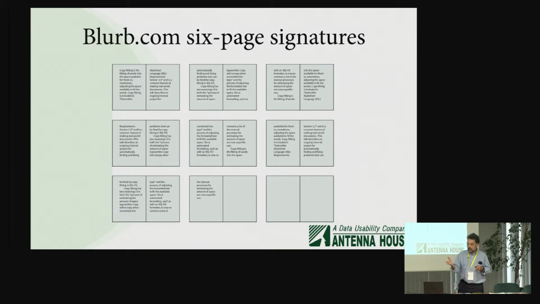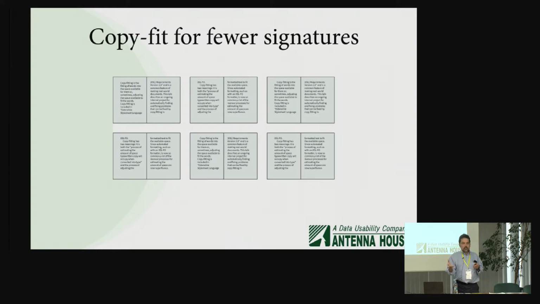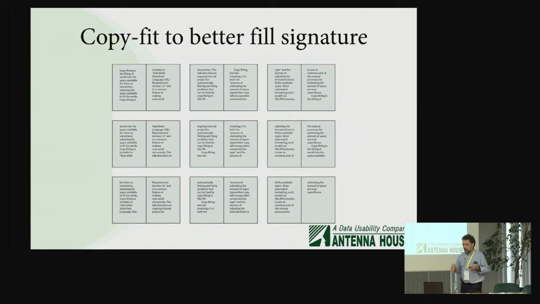You can tighten things up so it fits in fewer signatures, therefore the cost per book is less for you. Or you can fluff it out, to use a very non-technical term, so that it better fills the available space and the reader feels like they're getting more value for their money. And there's that all-important width on the bookshop shelf.